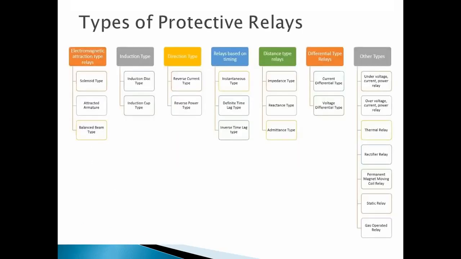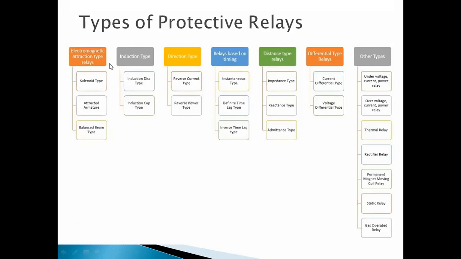Then there are different types of protective relays. This is important. We have seen in this chapter the electromagnetic attraction relays, which are again of three types: solenoid type, attracted armature, and balance beam type.